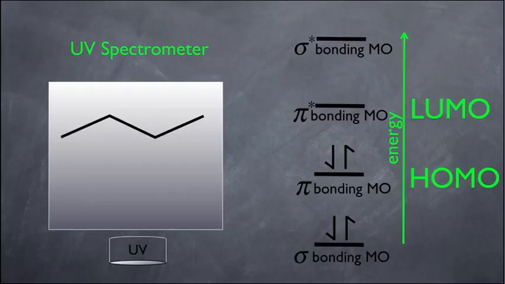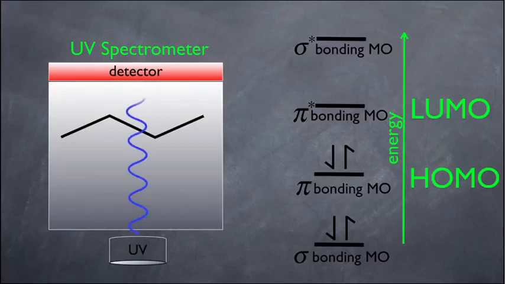If we put a detector on the other side and shine all the different types of UV light, that UV light will go right through our molecule, and the detector will say, bing, I detected that light. Which means no UV light would be absorbed.